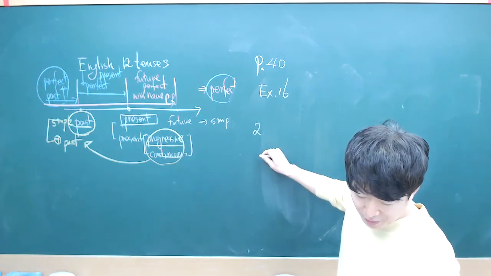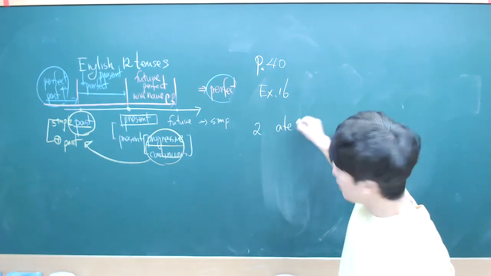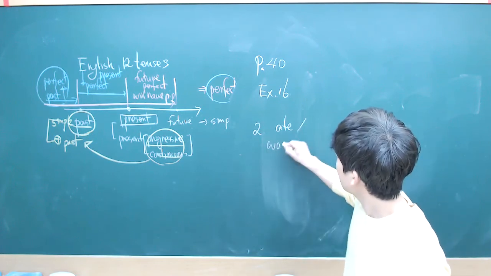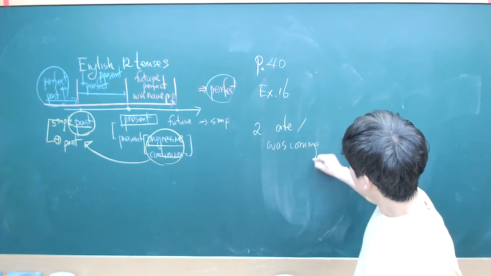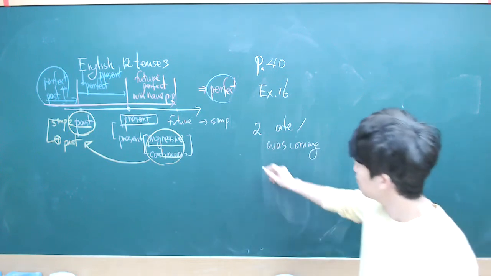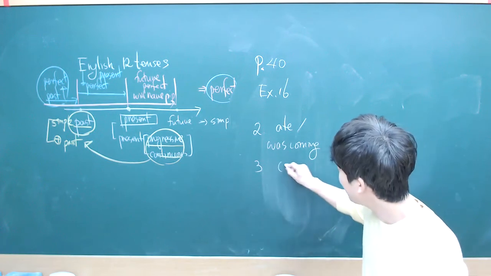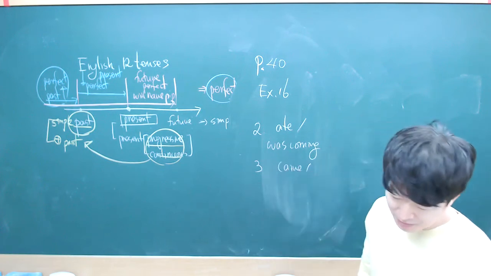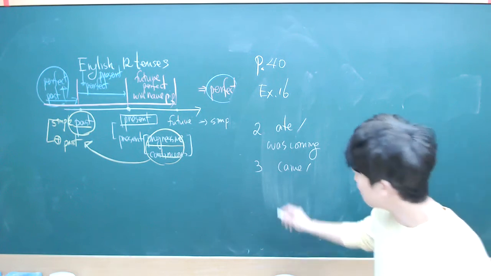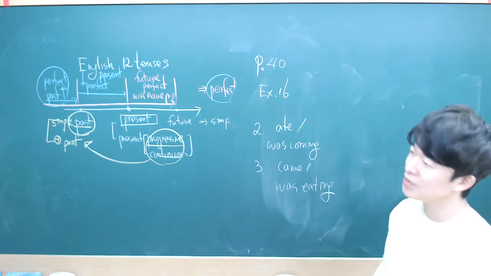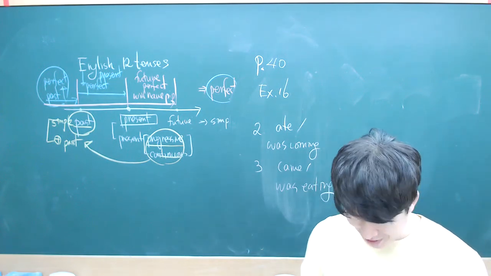Question 2, while Bob ate dinner, Anne was coming. In other words, when Anne came through the door, Bob was eating dinner. Okay.